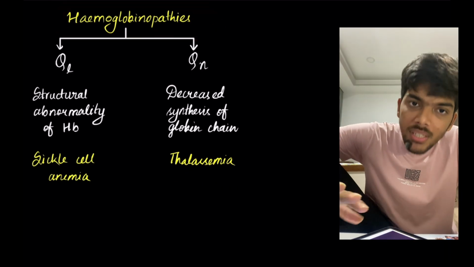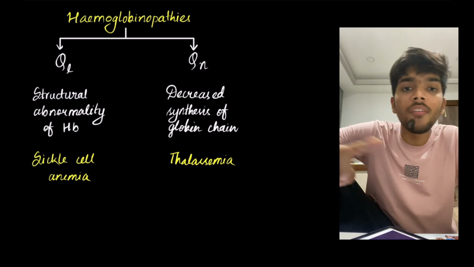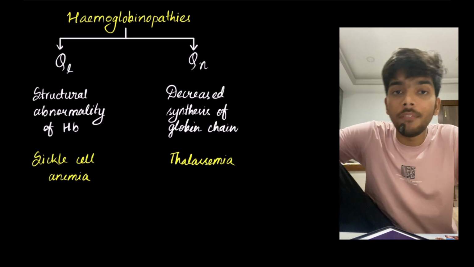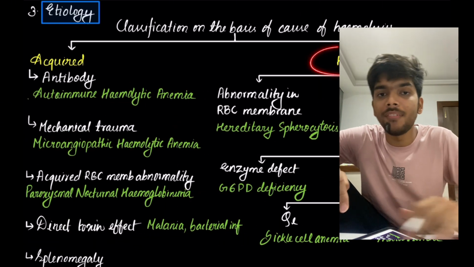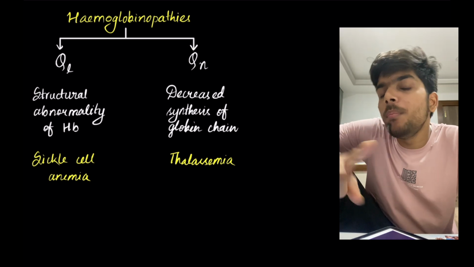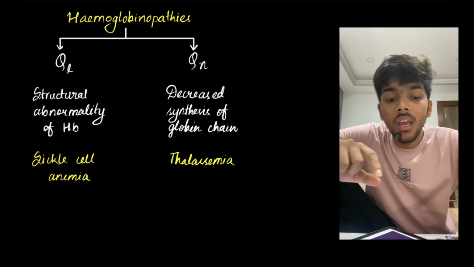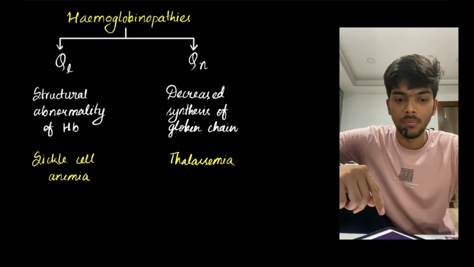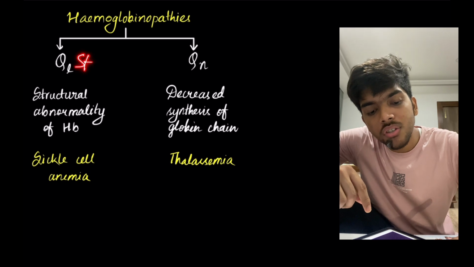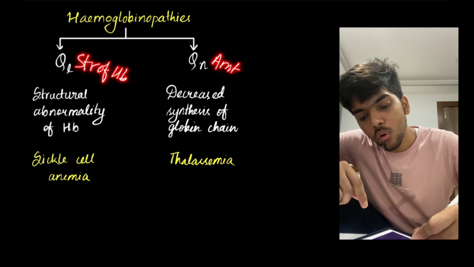So hemoglobinopathies, what are they? They are pathological conditions where hemolytic anemia or hemolysis of RBC is seen due to the defect. Which kind of defect? Hereditary defect, by birth defect in the hemoglobin of RBC. Now, the defect can be either related to the quality of hemoglobin or quantity of hemoglobin. That is, either the structure of hemoglobin is altered or the amount of hemoglobin is altered.